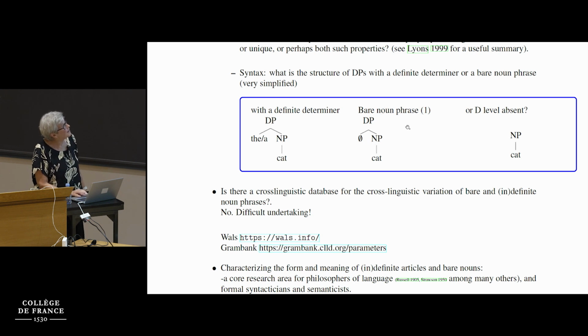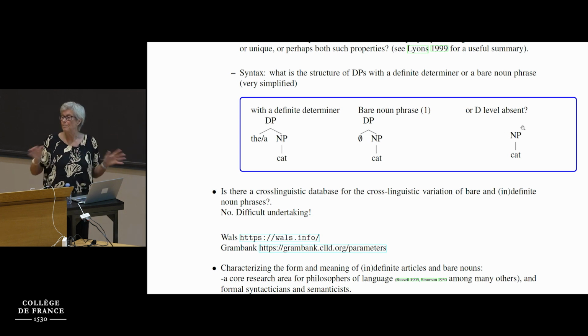Then when you have a bare phrase, the issues here for bare phrases, lots of languages have bare phrases where you have definite determiner phrases, is whether the structure actually has a null counterpart of a determiner. So there is something that is a determiner in the syntax, but it is not pronounced, so there is no expression of it, or whether that level is just simply absent.